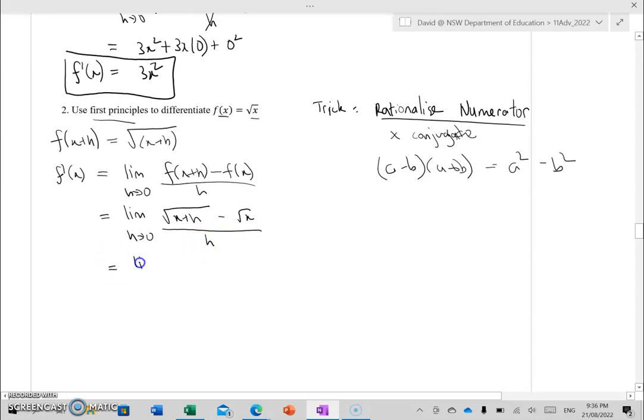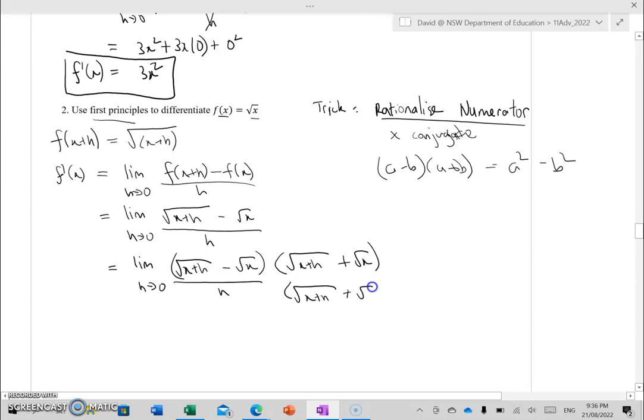So let's go. So limit as h goes to 0. Remember, we always need that limit as h goes to 0 bit at the front. This I'm going to put in brackets, and I'm going to times top and bottom by root x plus h, and then plus root x. And then what I'm going to do is expand that top, which is now a difference of 2 squares.